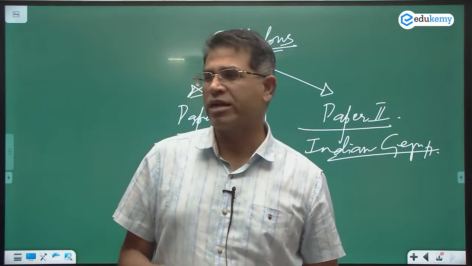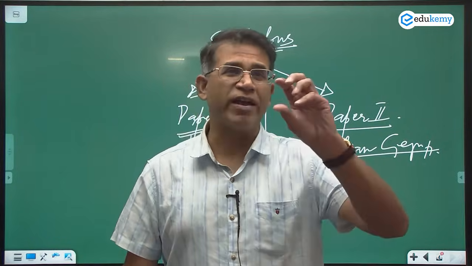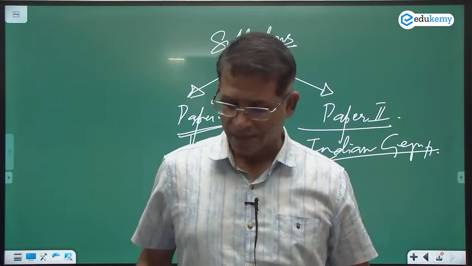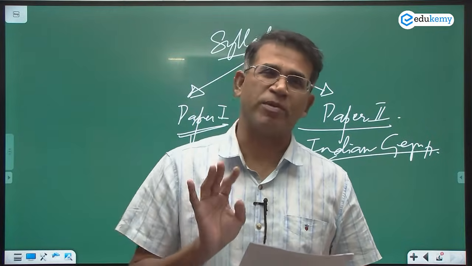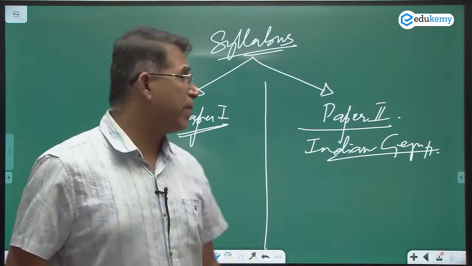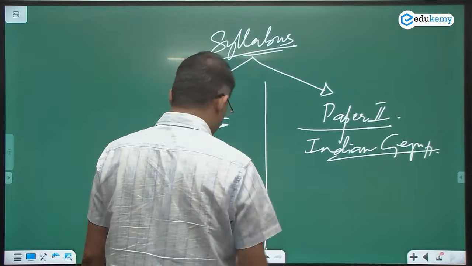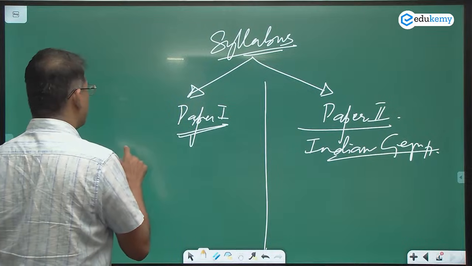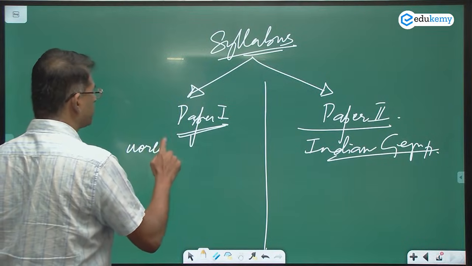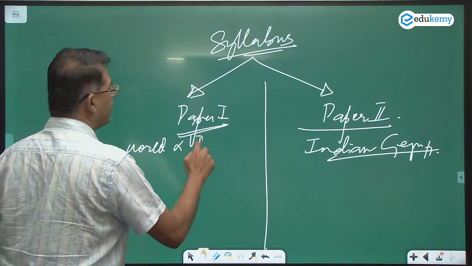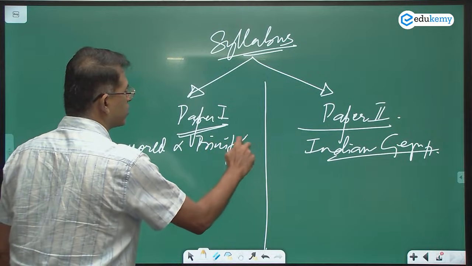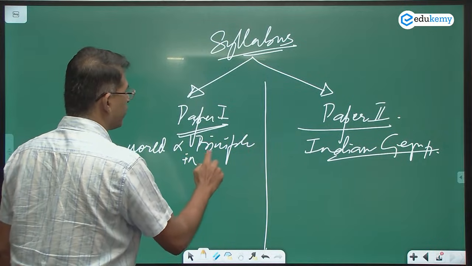By the time the course gets over, you might have 4-5 thick notebooks of notes. So put syllabus in every notebook, please. Okay. So paper 2 is Indian geography and paper 1 is world and principles in geography.